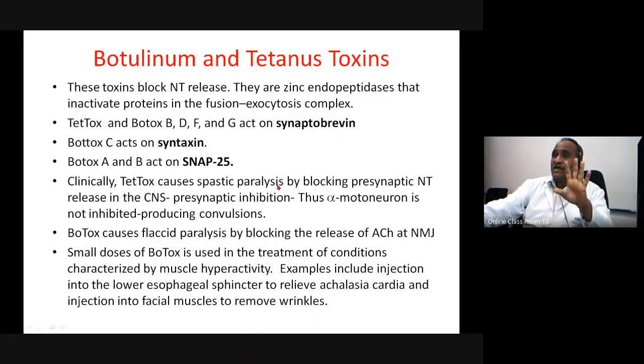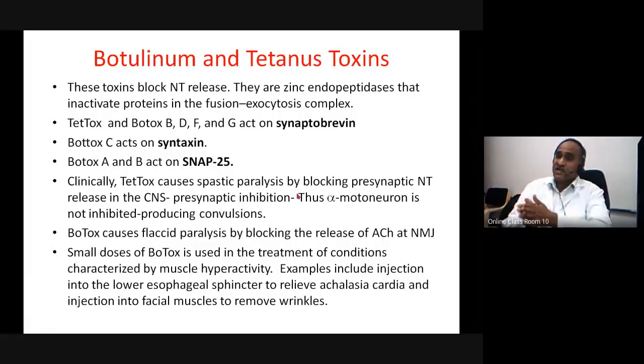It prevents the release of the presynaptic neurotransmitter, which means the presynaptic inhibition does not happen.